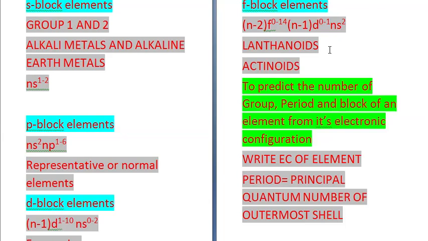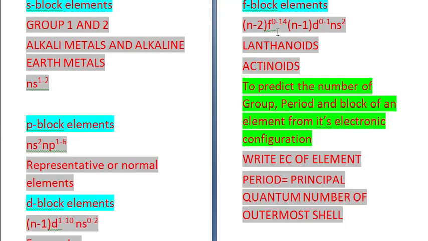Similarly with the 5f series also, first 7s will get 2 electrons, then one electron will go to 6d, and finally 5f will be filled with 0 to 14 electrons. So these are the actinoids.